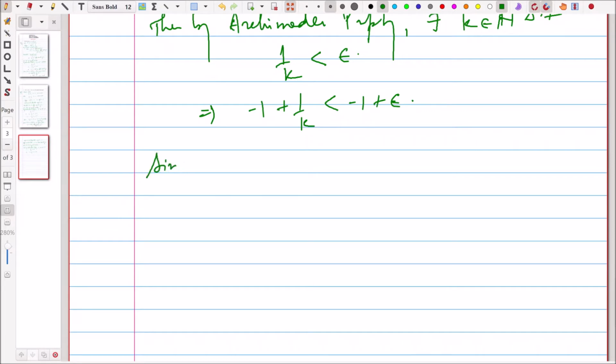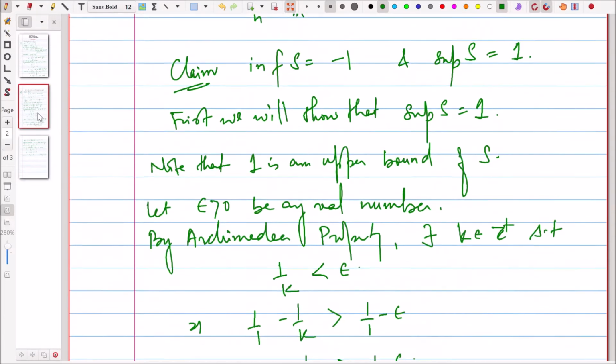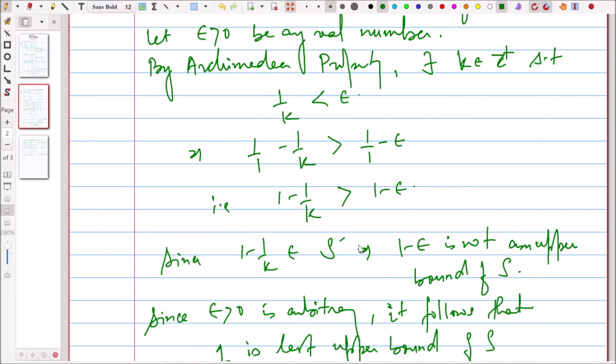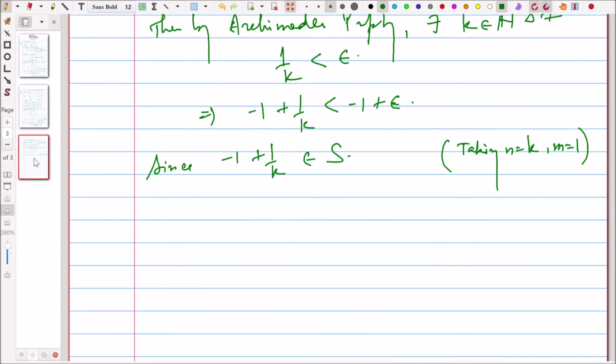And minus 1 plus 1 by k is a member of S, because we take m equal to 1 and n equal to k in this case. In the last case, when we were proving supremum of S equal to 1, we took n equal to 1 and m equal to k. In this case, we are taking n equal to k, m equal to 1.